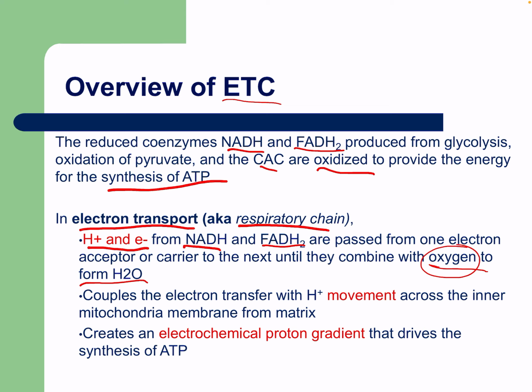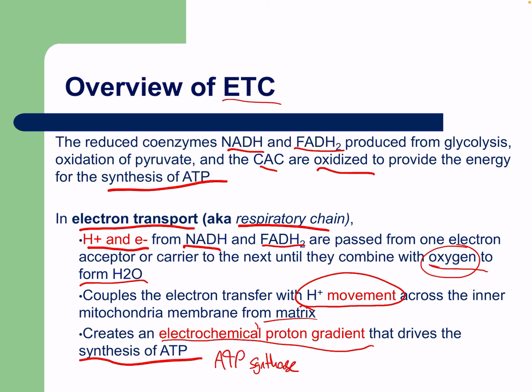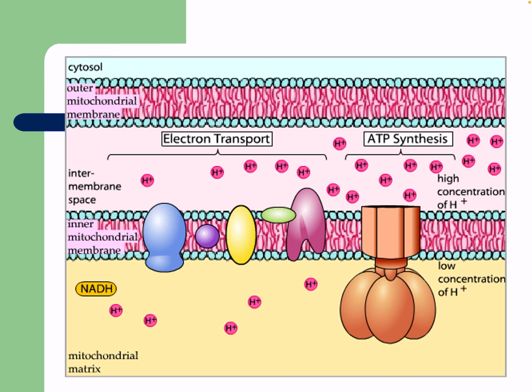In the electron transport chain, this couples the electron transfer with hydrogen ion movement across the inner mitochondrial membrane from the matrix. This creates an electrochemical proton gradient that drives the synthesis of ATP through something called ATP synthase, which we'll talk about later. And this is our ATP synthase molecule, but we'll talk about that later.